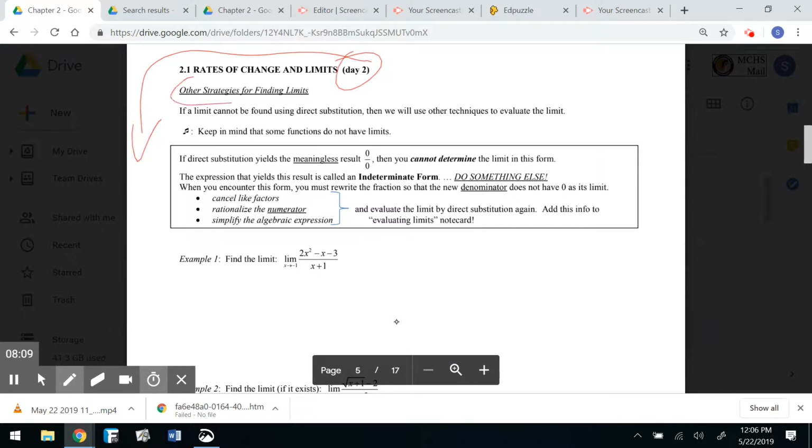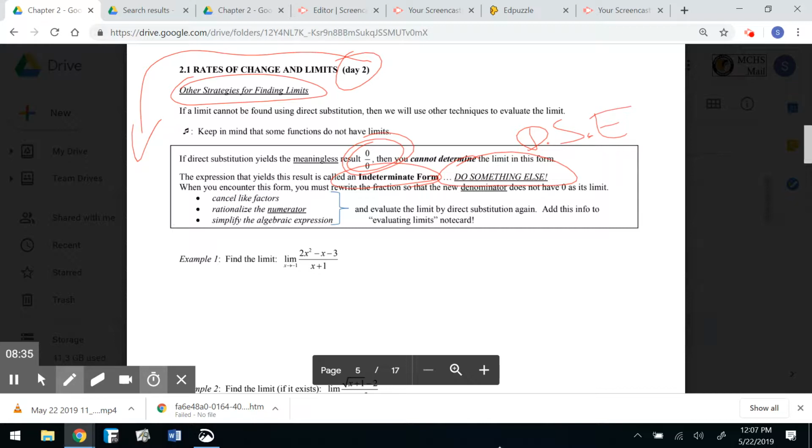And it's other strategies for finding limits. You're probably like, is the first AP Calculus going to be that simple? Just direct sub? Yes, it's that simple, unless you get 0 over 0, which would mean there's a hole or a removable discontinuity. We call this an indeterminate form, and you have to do something else when you get that result of 0 over 0.